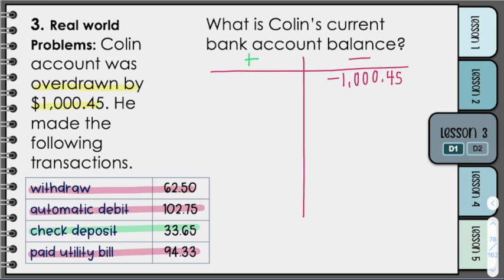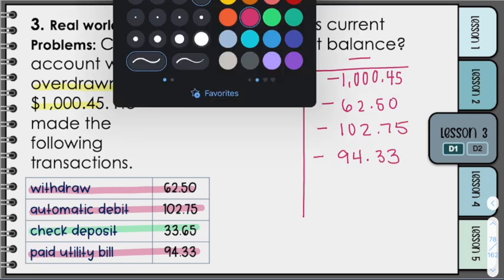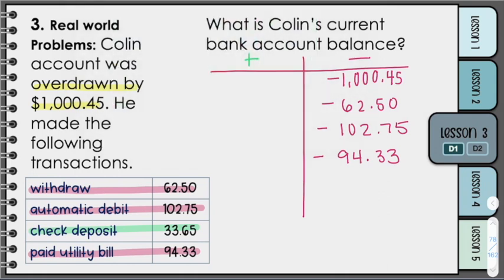So we have $62.50 and $102.75 and $94.33. And the other side of money added to the account is $33.65.